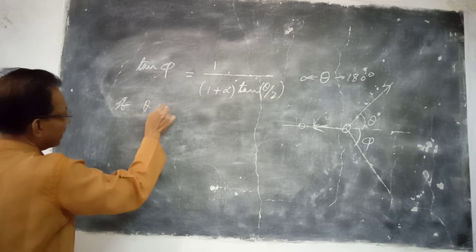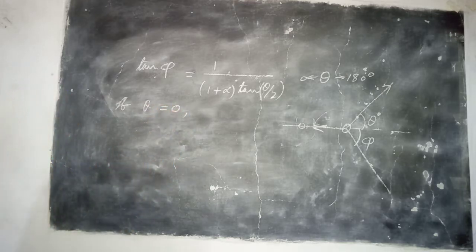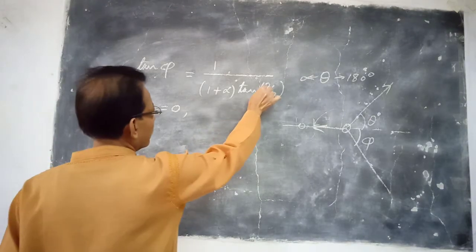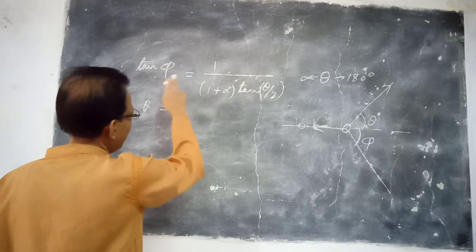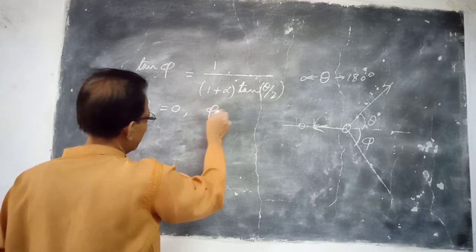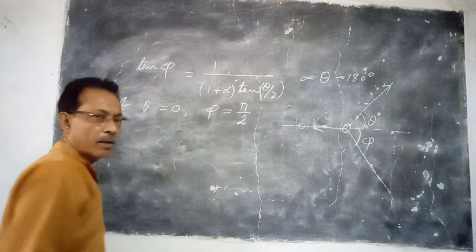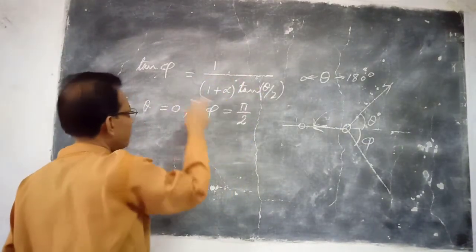Say theta is equal to 0, then tan phi will be equal to infinity, so phi will be pi by 2, that is 90 degrees.